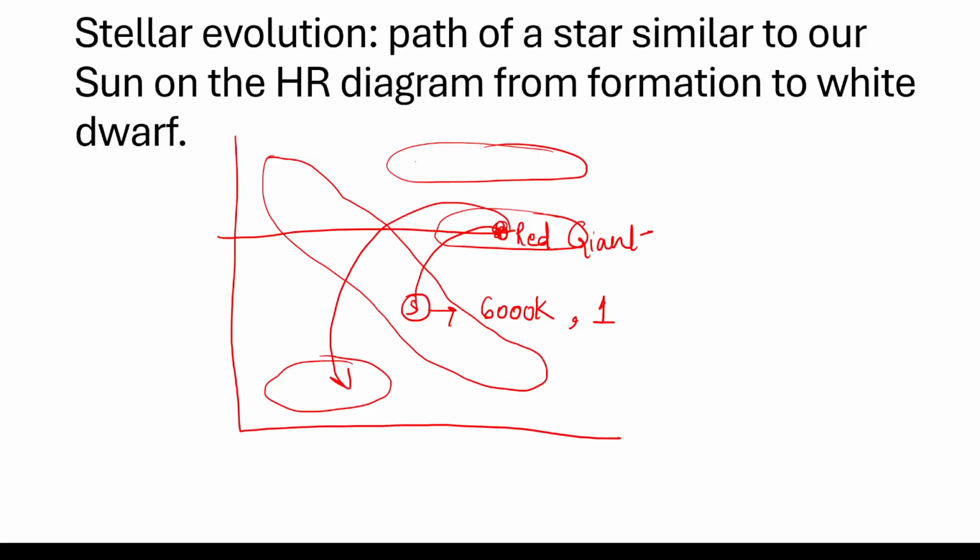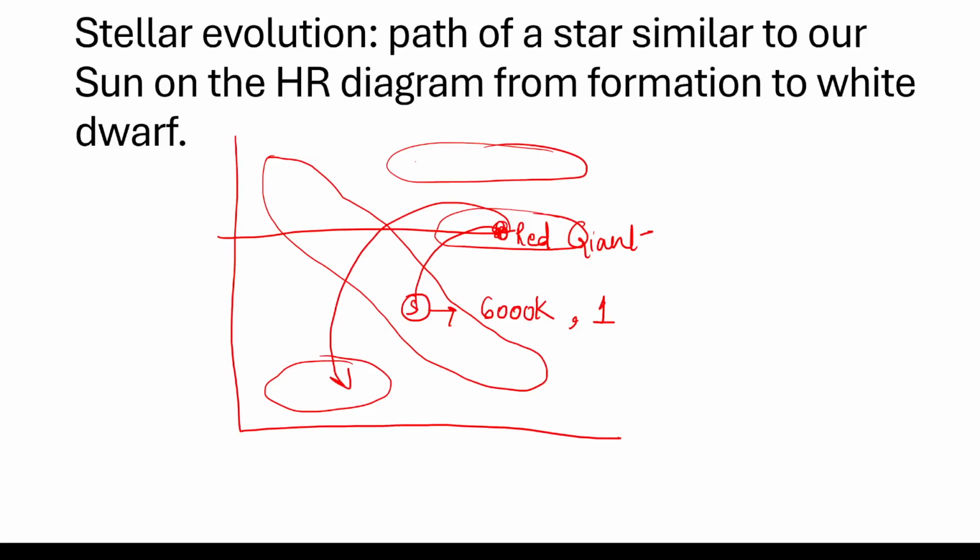Now, once the helium starts burning in the core, it stabilizes for a short period of time, and after that it will start moving towards the left, because helium is going to start producing more and more heat, but it stays the same luminosity. Once the outer layers are ejected, the core will condense because of the helium burning.